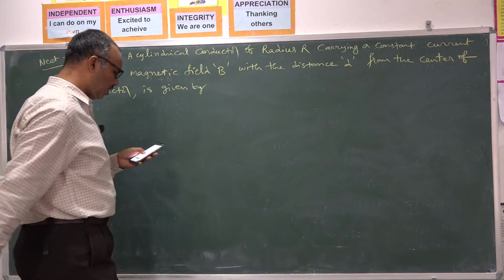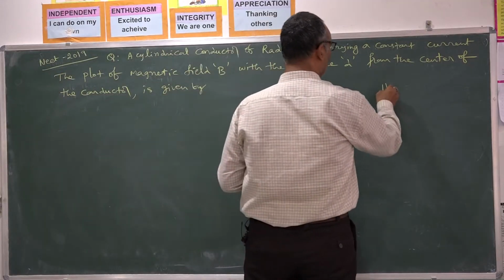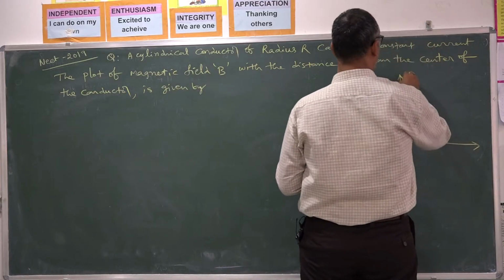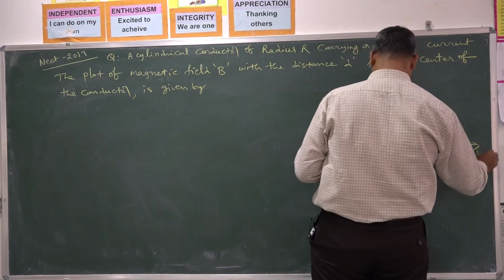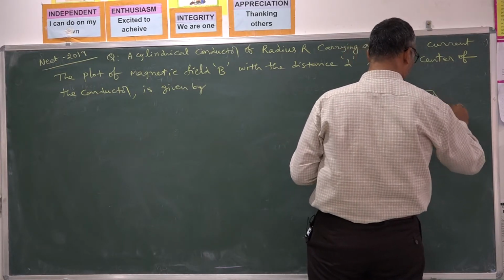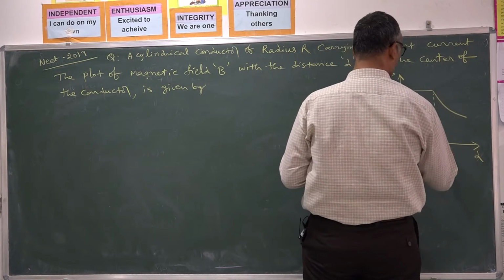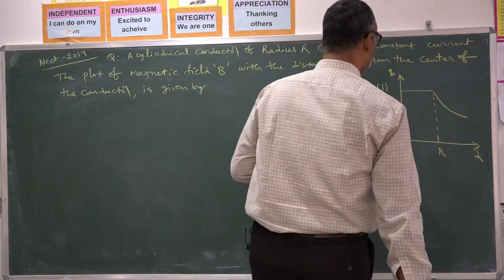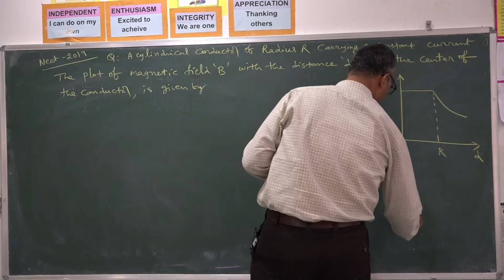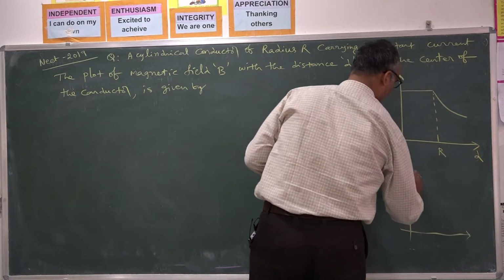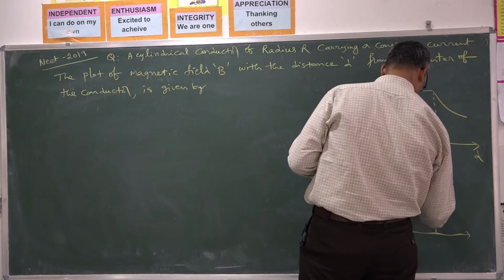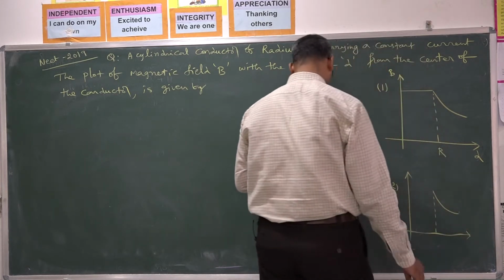So they gave 4 plots. First option is like this, B versus d. So it is like this, then like this, R. Second plot, like this.